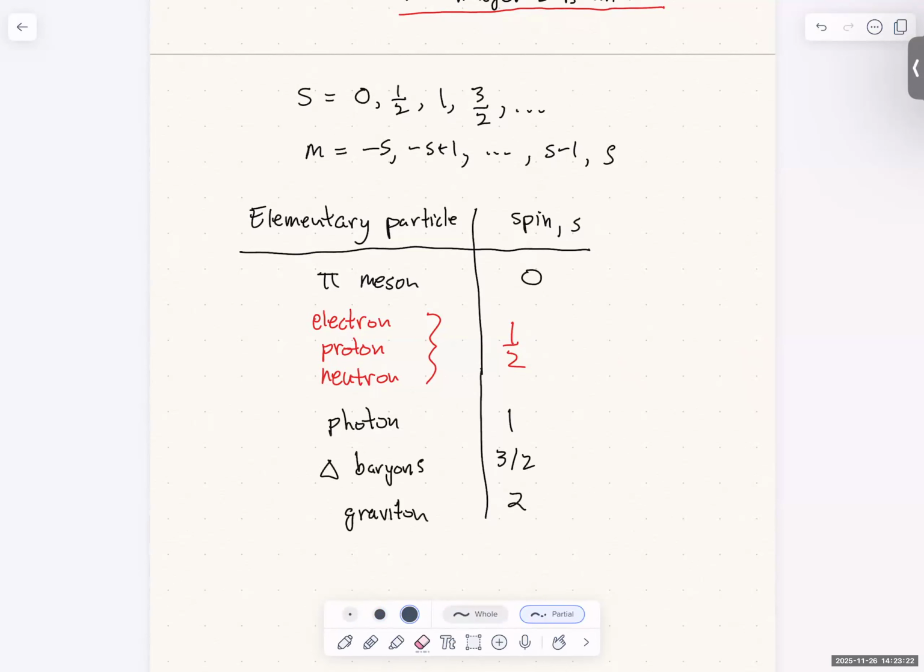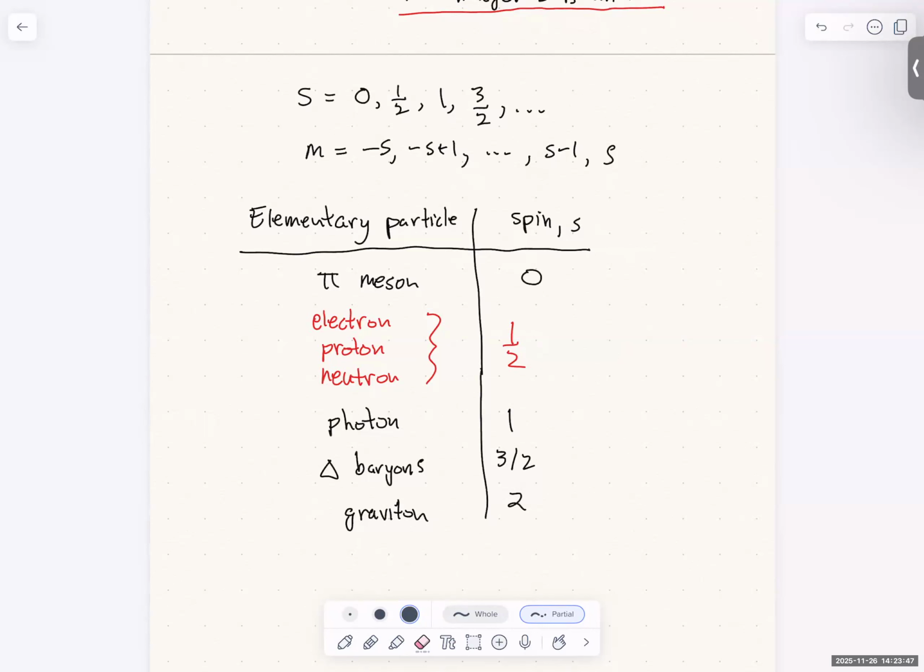They talk about identical particles, and there's some really interesting and meaningful differences between spin 1/2 and spin integer particles. Particles with integer spin are called bosons, and particles with half integer spin, like the electron, proton, neutron, this delta baryon, they're called fermions.